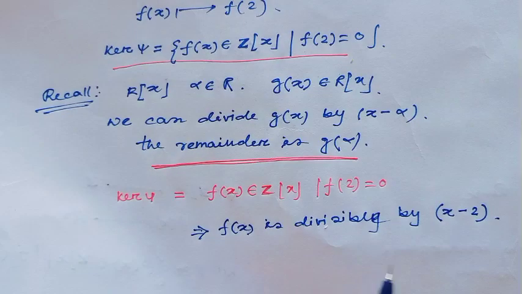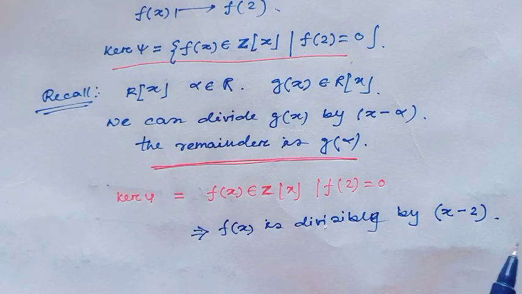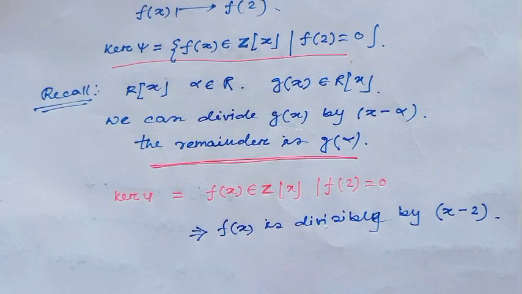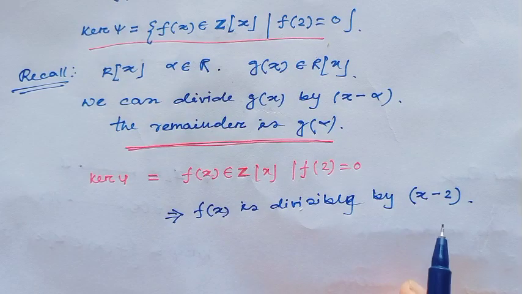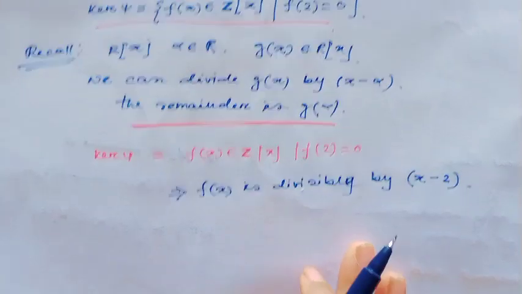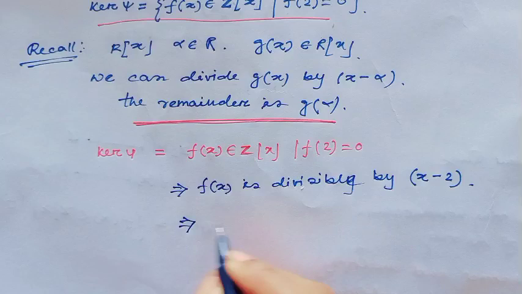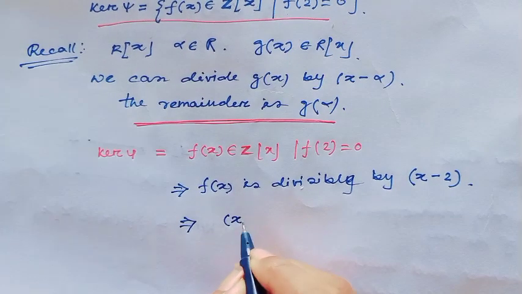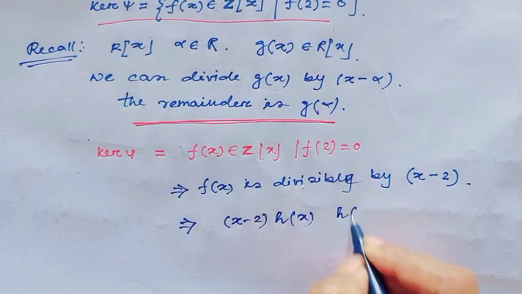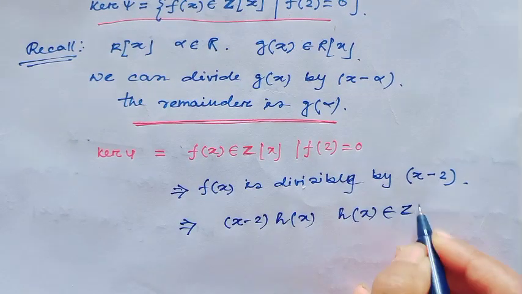And when f(x) is divisible by the polynomial x minus 2, the remainder would be 0. Since f(x) is divisible by x minus 2, it would be of this type: (x minus 2) times h(x), where obviously this h(x) belongs to Z[x].